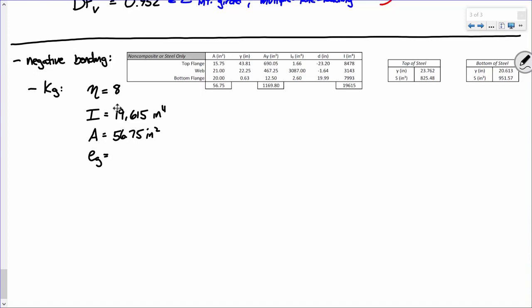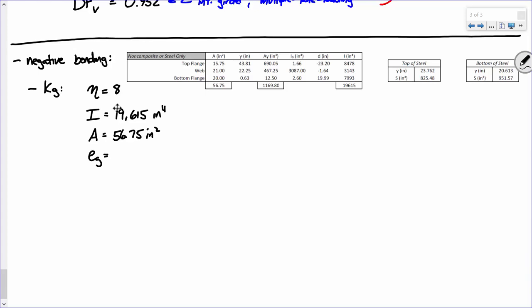Remember EG was the distance from the center of the beam to the center of the slab. So let's get to the center of the slab first. We start at the bottom: bottom flange thickness, web depth, haunch, half the slab thickness, and then we subtract the centroid. So help me out with the dimensions. Make sure y'all are paying attention.